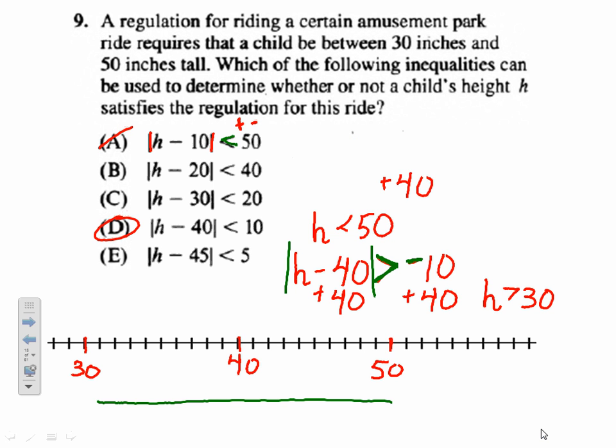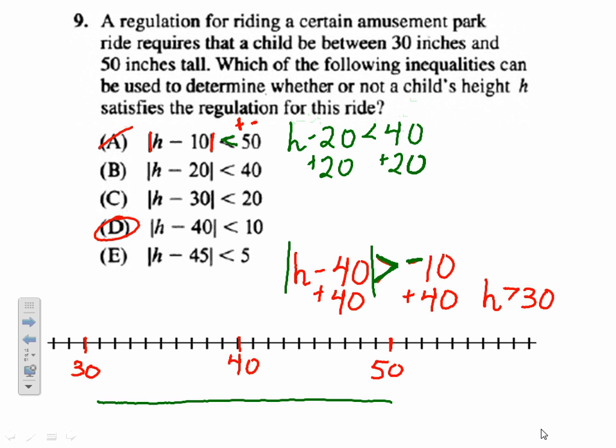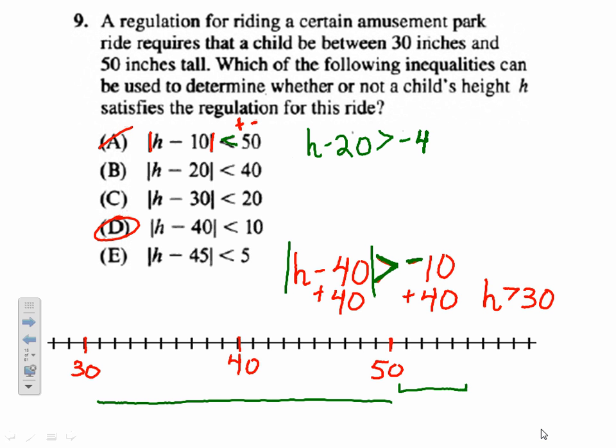So you'd have H minus 20 is less than 40, and you add 20. So automatically we know this is out because we have H is less than 60, and we know that the numbers between 50 and 60 are not okay for the height of the child. Now, just to give you more practice with flipping that inequality sign and changing the number to a negative, I'm just going to show you the other option for B. So it would be H minus 20 is greater than negative 40.